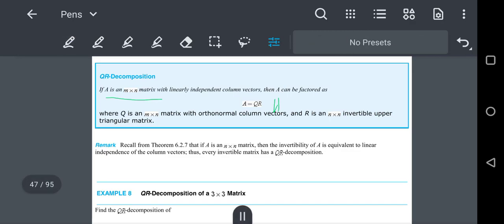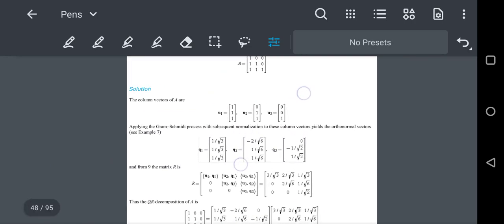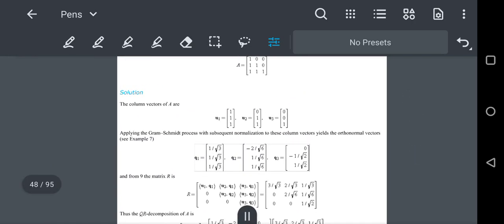Okay, so example: find the QR decomposition of A equal to 1, 1, 1, 0, 1, 1, 0, 0, 1. These are the u values which were given to us in the previous sum, which we discussed under the Gram-Schmidt orthogonalization process.